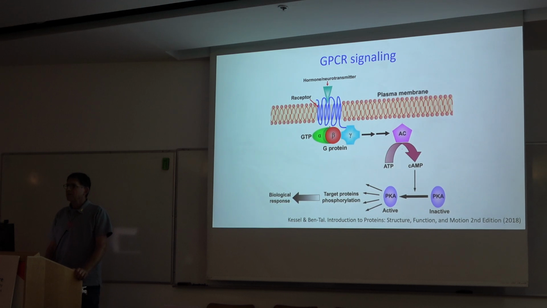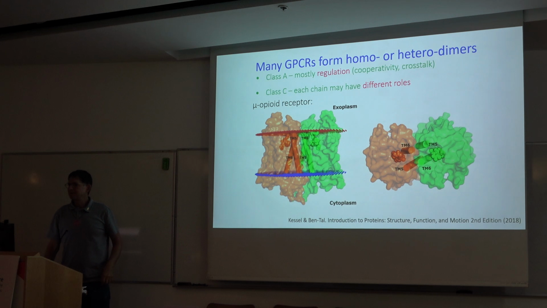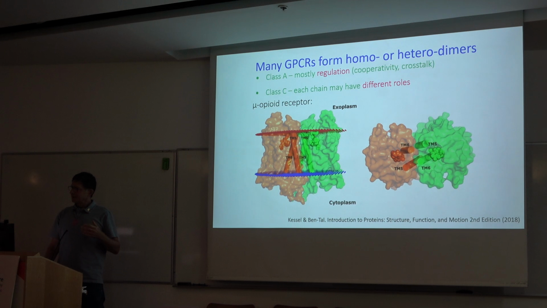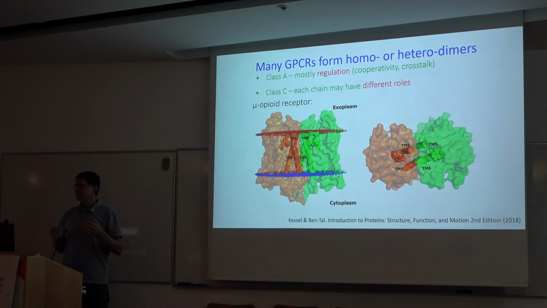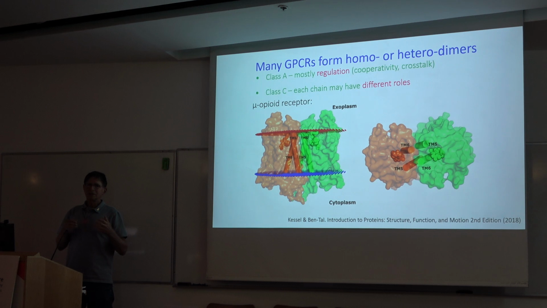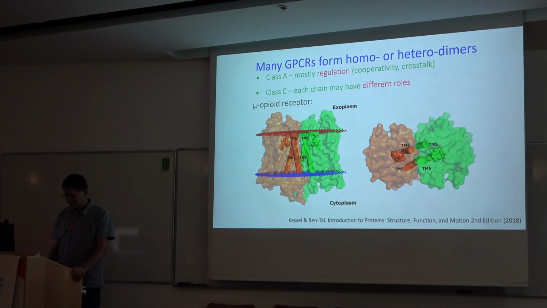So we noted that many GPCRs pair up. They form homo and heterodimers with other GPCRs. And there were also indications that beyond providing maybe stability, very often this interaction is important for the function, as a means of amplification or control of the functionality.